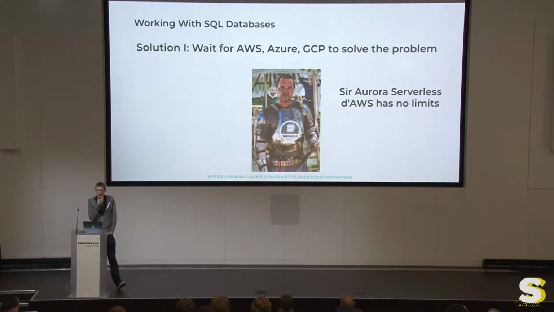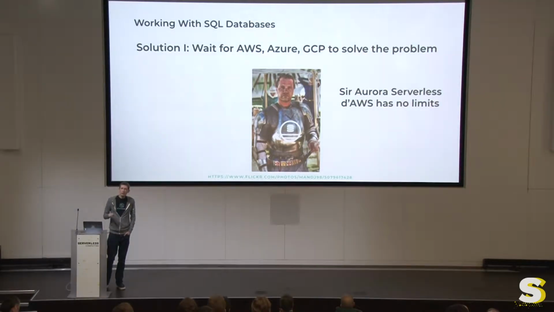So we got a couple of things we could do about this. Solution one, and I first developed this talk back shortly after AWS at reInvent last year had announced this pretty cool sounding technology called Aurora Serverless. Aurora is their highly scalable database clustering solution for relational databases.